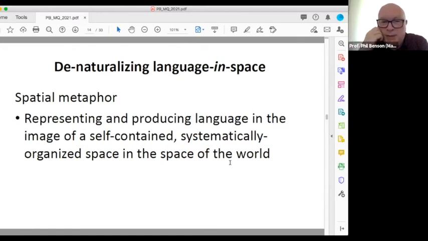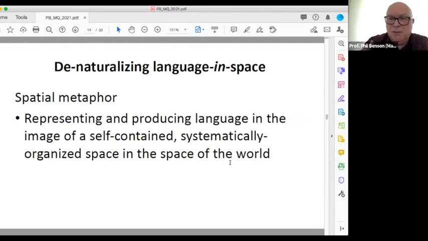But I'm using it here in a very specific sense to mean both representing and producing language in the image of a self-contained, systemically organized space in the space of the world. So certain approaches to linguistics assume that language is a self-contained, systemically organized space.